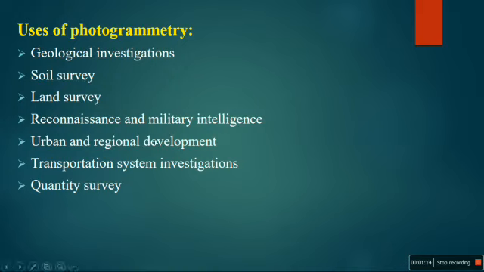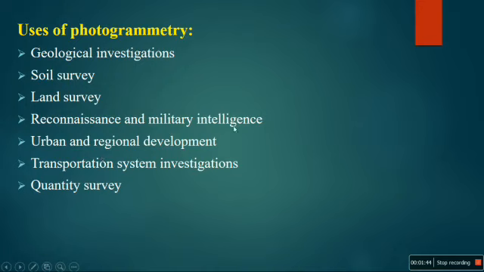Next one is land survey. For a land survey, if you consider a larger area, conducting the survey work by using conventional methods requires a lot of time and money. If the land survey is done by using aerial photogrammetry, it will take less time and we can conduct it easily on the larger area.